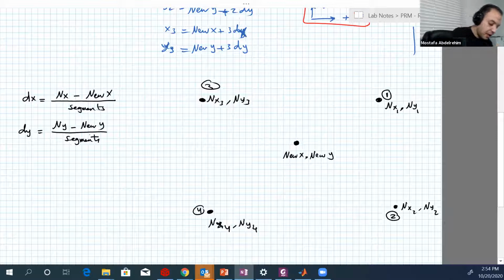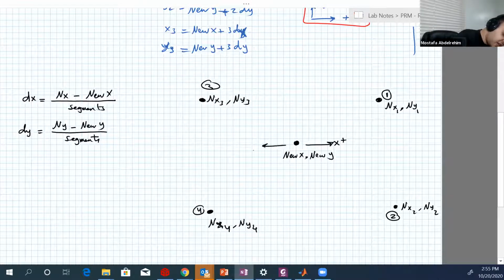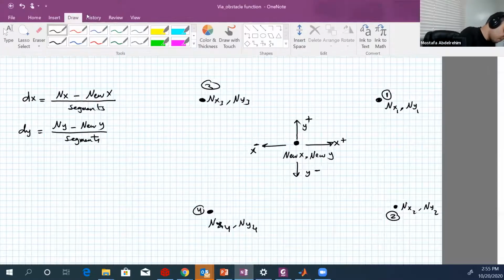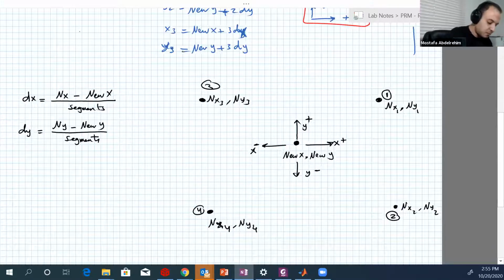Here x is increasing, here x is decreasing. This way y is increasing, this way y is decreasing.